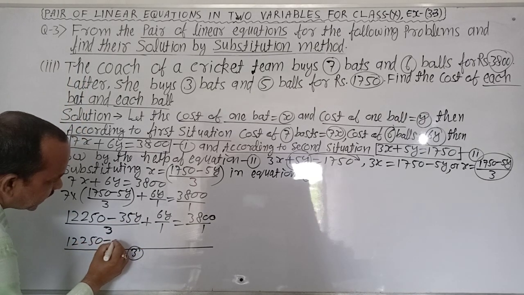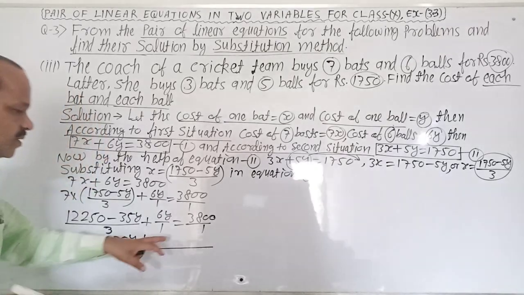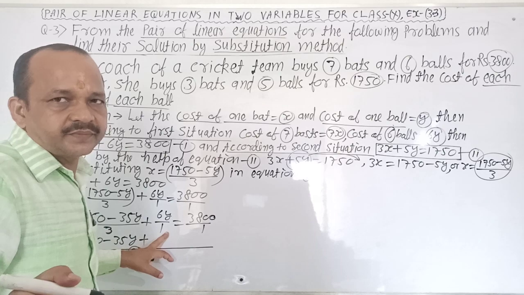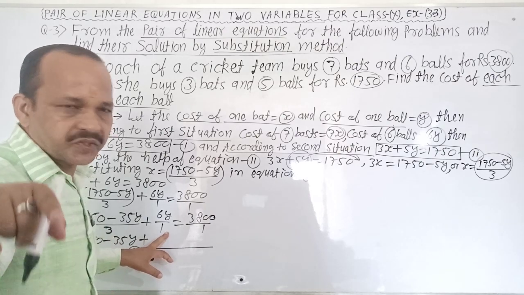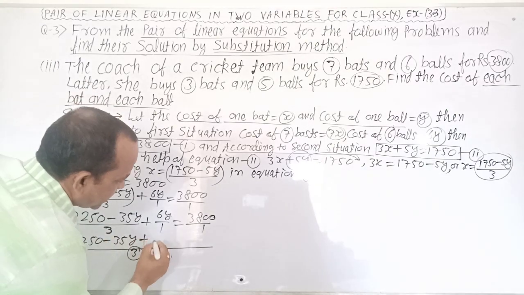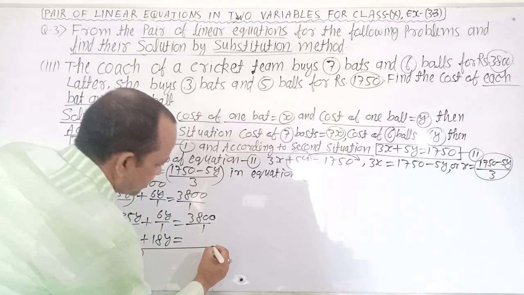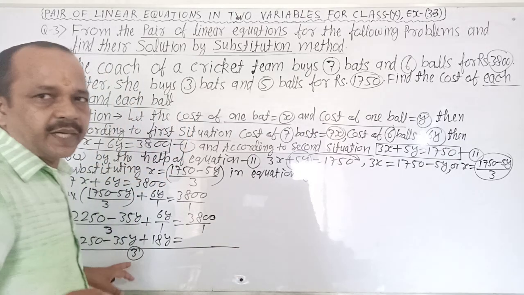It becomes 12,250 minus 35y plus 3 divided by 1, it becomes 3. 3 multiply by 6, it becomes 18y equal to, now you multiply by 3.